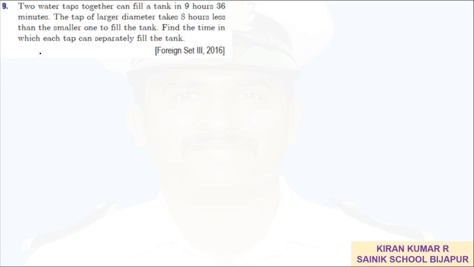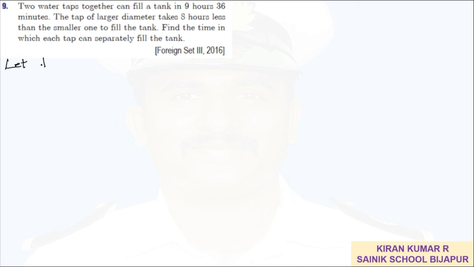Let me consider the tap with a smaller diameter will take the time as x hours, and the tap of the larger one would take 8 hours less than the time taken, so it is x minus 8. So let me write it here.